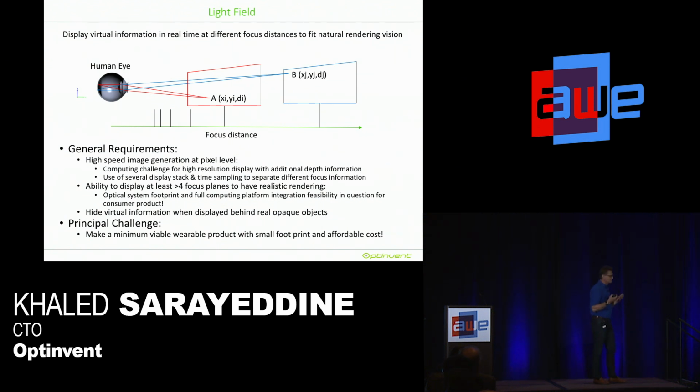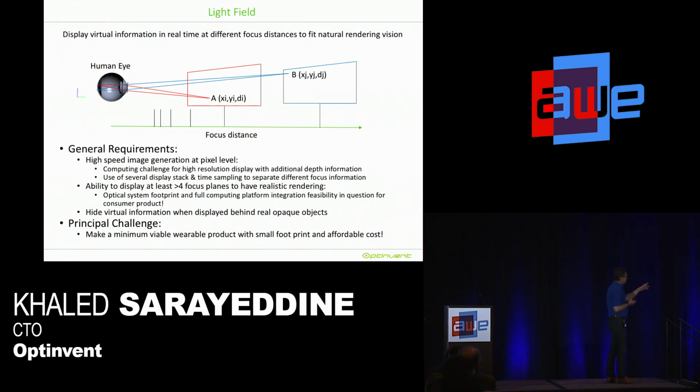This is why, if you have a very high definition image, you need a lot of computing for a high resolution display. You also need different displays, so sometimes you use a stack of different displays or time sampling in order to focus at different distances.